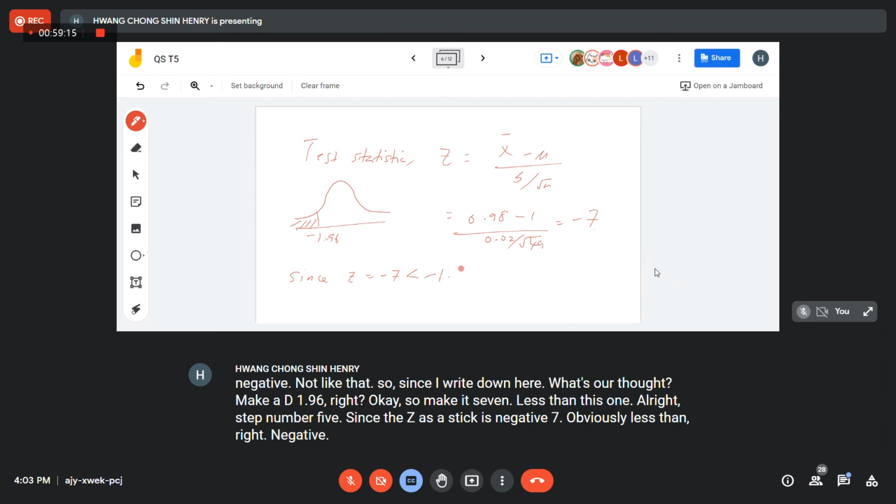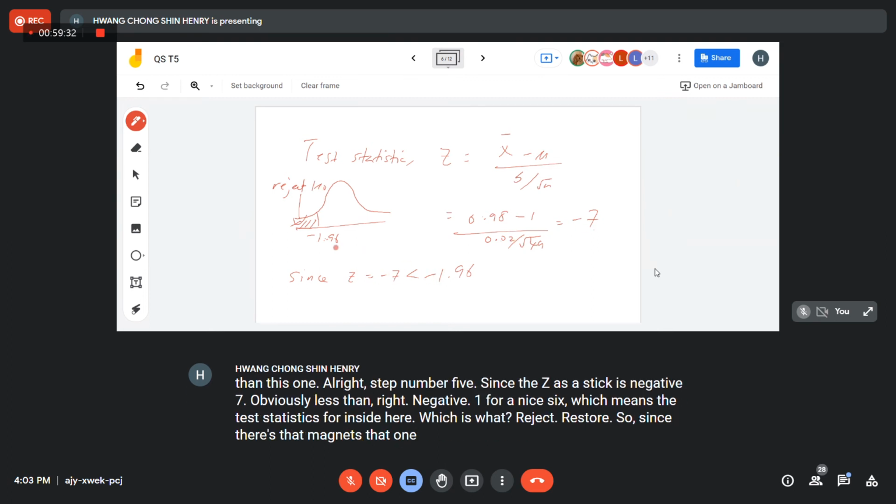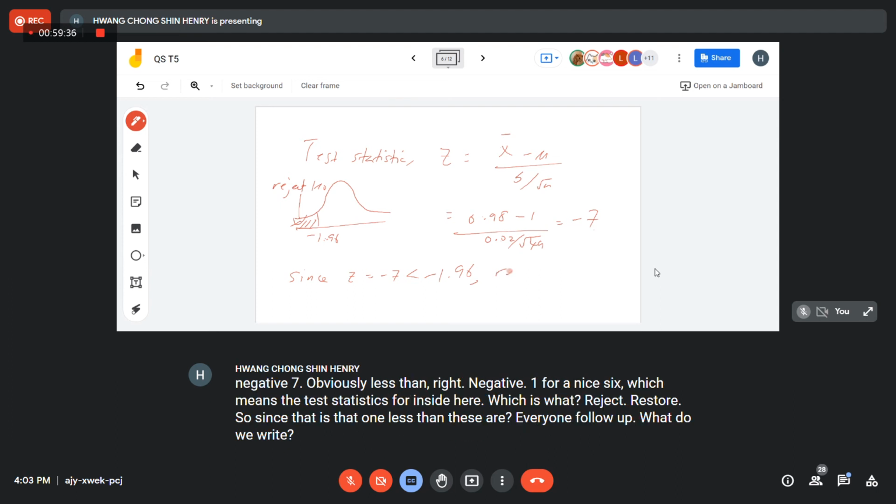Negative 1.96, which means the Z test statistic falls inside here, the shaded area, which is what? Reject. So since the Z negative 7 is less than this, everyone follow, what do we write? Reject H0. Everybody must do like this.